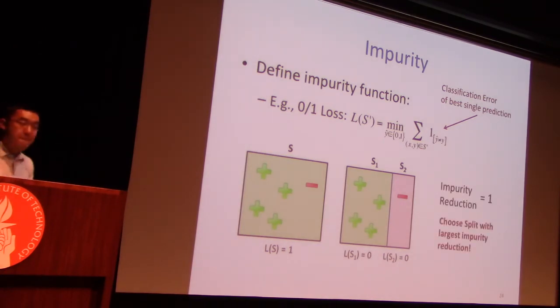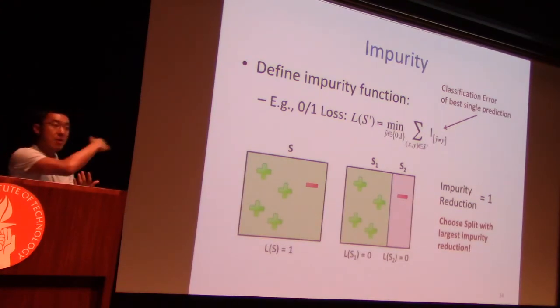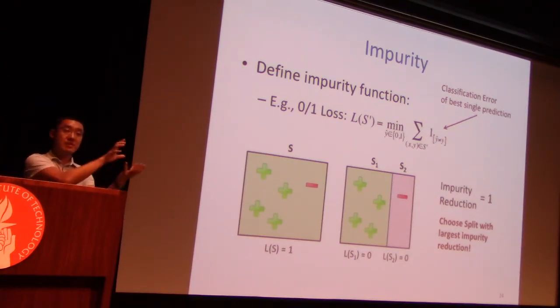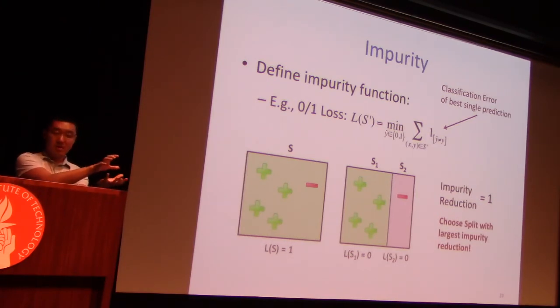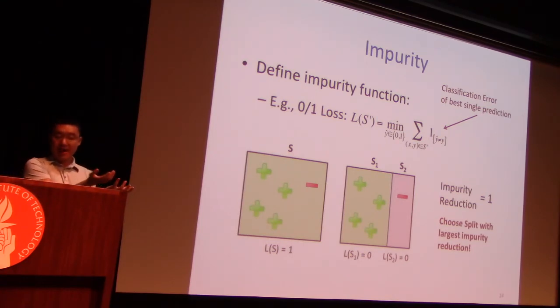Decision tree training basically says we consider all possible splits of this node, all the training data that corresponds to this node, and we choose the split that gives us the largest reduction in impurity under some impurity definition. Here we're just sticking with 0-1 loss as impurity for now.